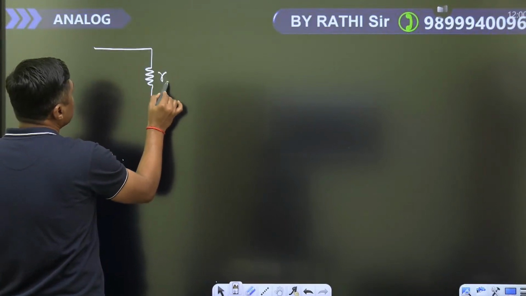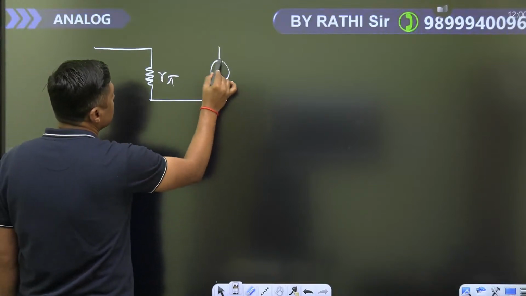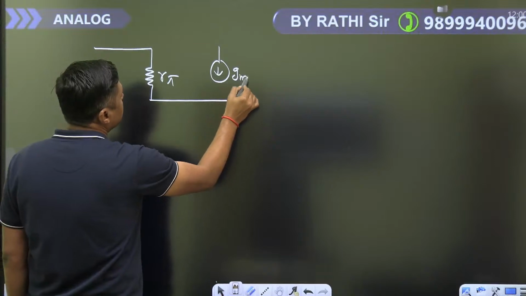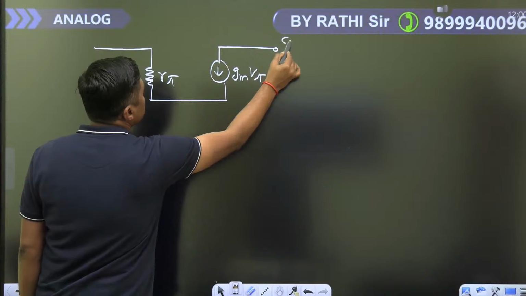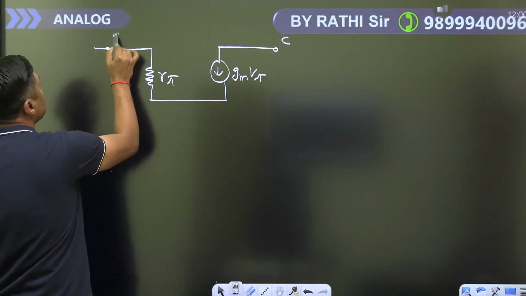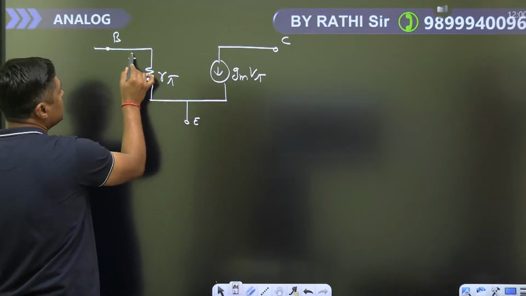This is R pi. I'm giving you the approximated model and this is called gm V pi. This terminal is called collector, this is called base, and that is what emitter. What is this V pi? That is nothing but voltage across this.